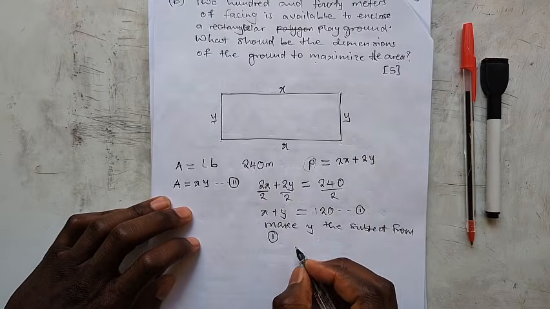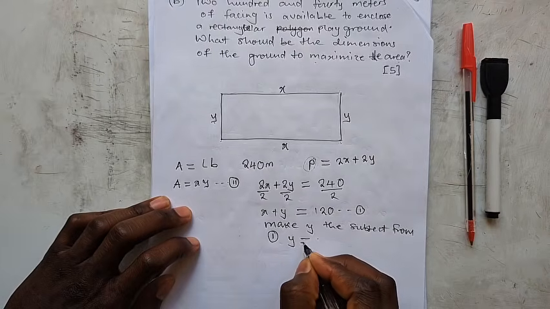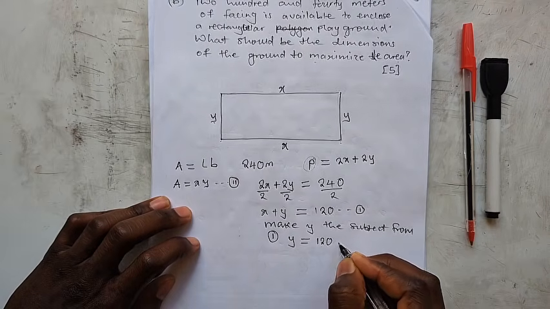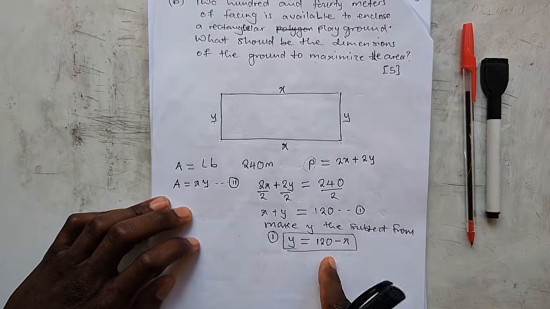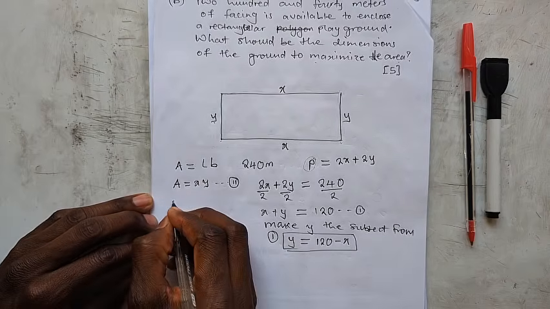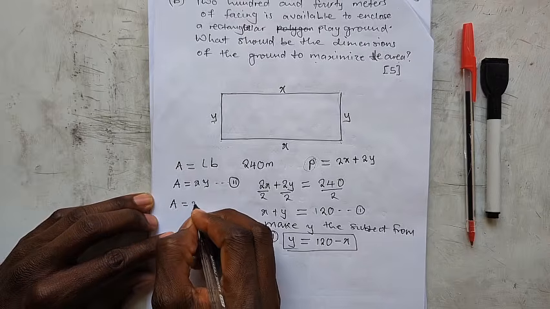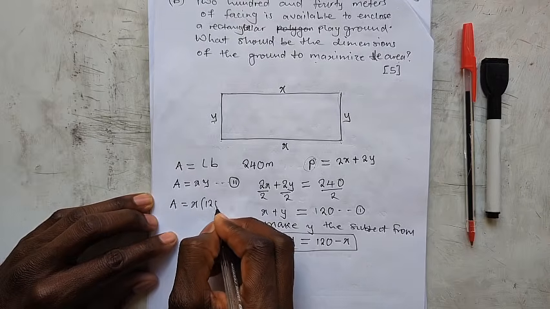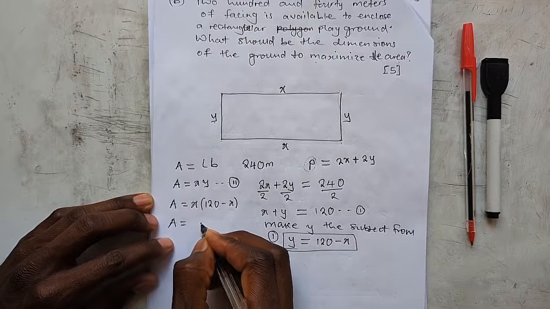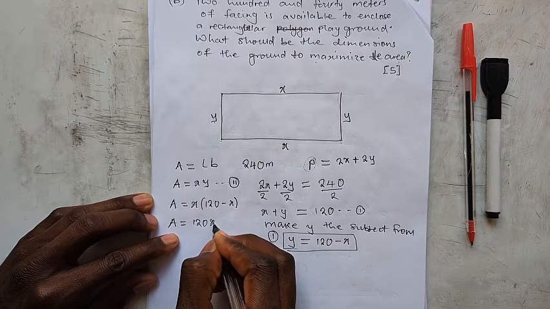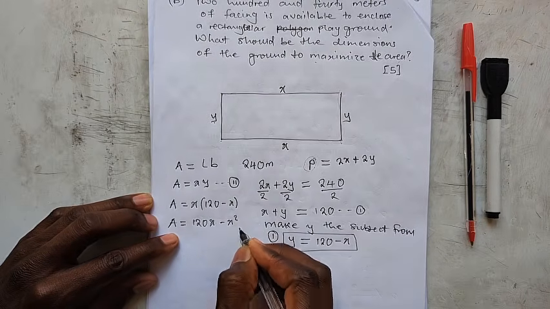Something very simple. Just say y is equal to 120 minus x. Then substitute this into that, and your area is going to be equal to x(120 minus x). So in this case, our area has to be equal to 120x minus x squared.